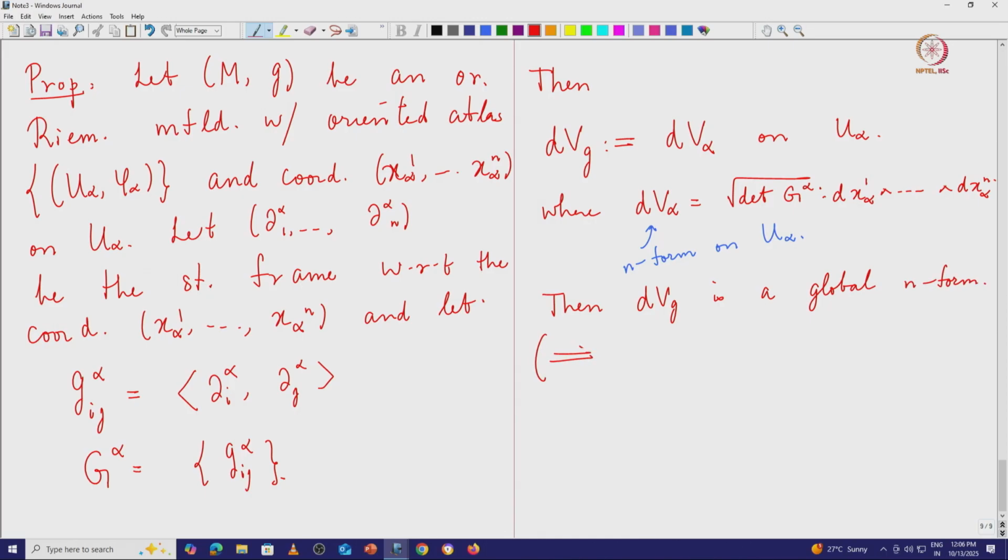Or equivalently, what I am saying is that on the intersection dV_alpha and dV_beta agree. So then you get a global n form, okay. So this is just a simple calculation.